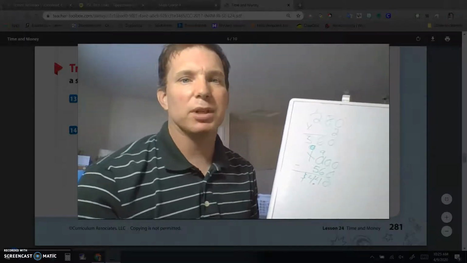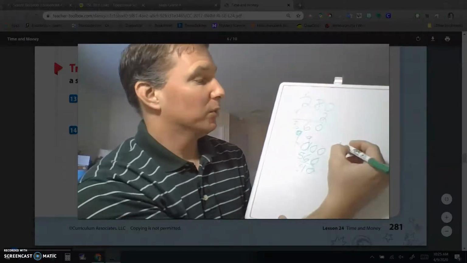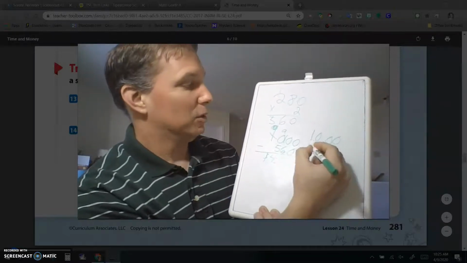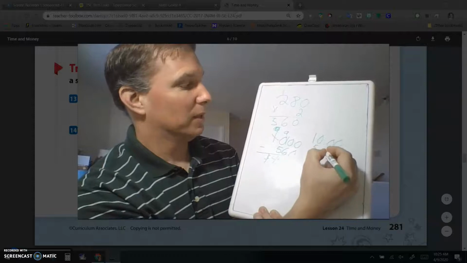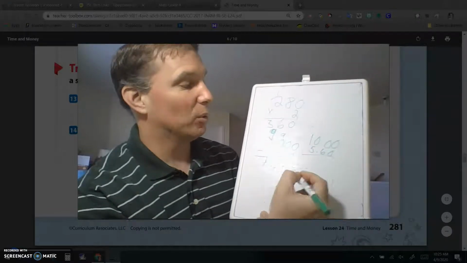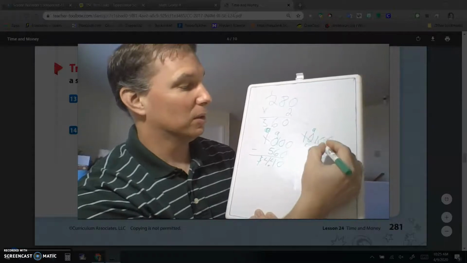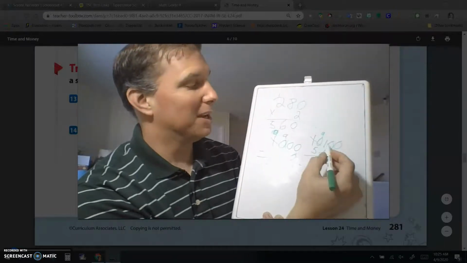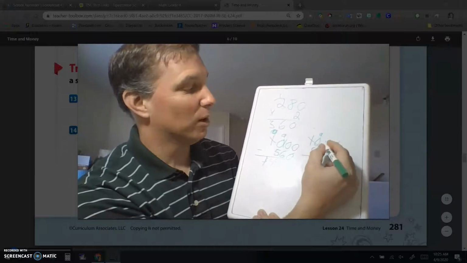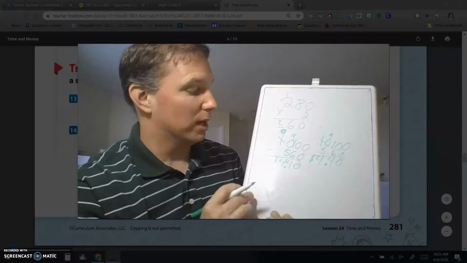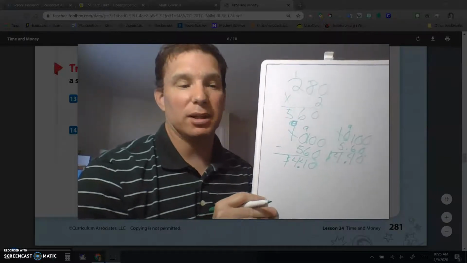How I would do this, I would just line up the decimal points. So if you have $10 and you paid $5.60, line up the decimal points, subtract that down, just like it was whole numbers. 10 minus 6 is 4. Bring down that decimal point. 9 minus 5 is 4, or $4.40. Get the same answer either way.